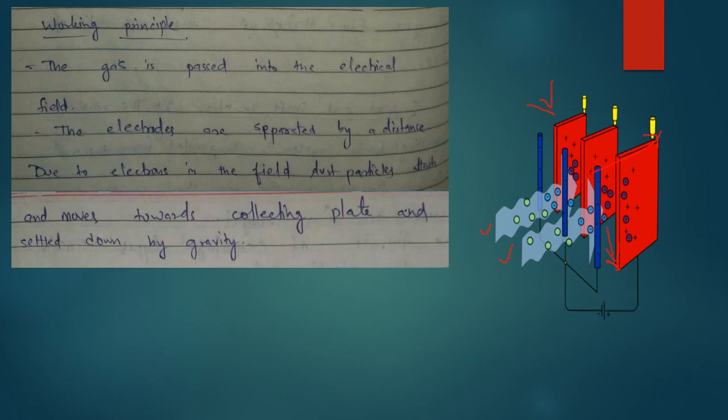We can remove them through the hopper, or they move towards the collecting plates and settle down by gravity. Gravity means the earth's force will keep them at the bottom. This is the phenomenon by which we use the electrostatic precipitator in the power plant.